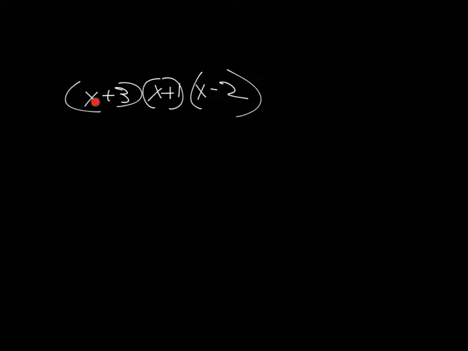You have to get all of your polynomials down to what are called linear factors. Like on this long one that I just put up, we had x plus 3, x plus 1, and x minus 2. These are all linear factors.